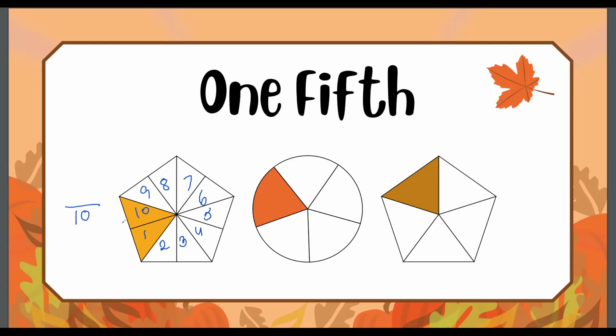The number of colored parts is only 2, so we write that in the numerator. Here 2 is the smallest number, so we check in the times table of 2. Do we get 10? Yes, we get 10. So we can divide both numerator and denominator by 2.